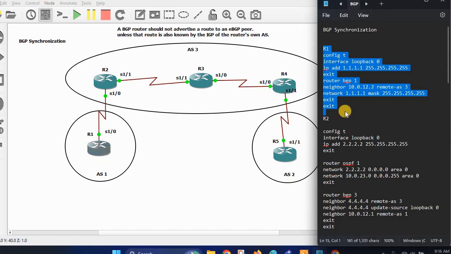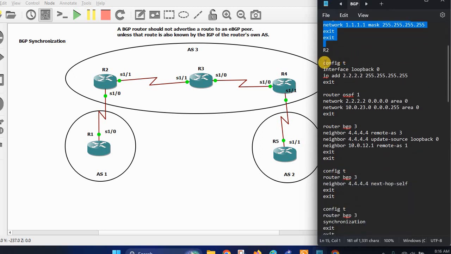We give IP addresses as per the router names: this is the 1-2 network, this is the 2-3 network, this is the 3-4 network, and this is the 4-5 network. R2 is the BGP neighbor in AS3, and we advertise the loopback. Very simple configuration: just advertise the loopback in BGP.